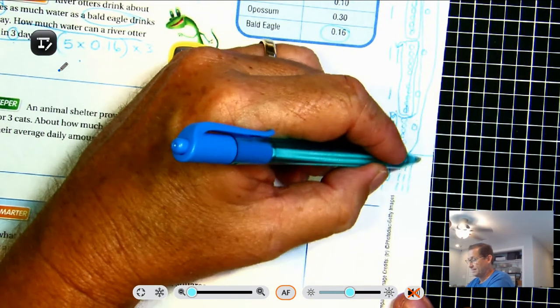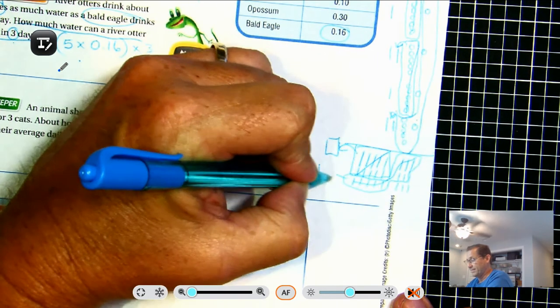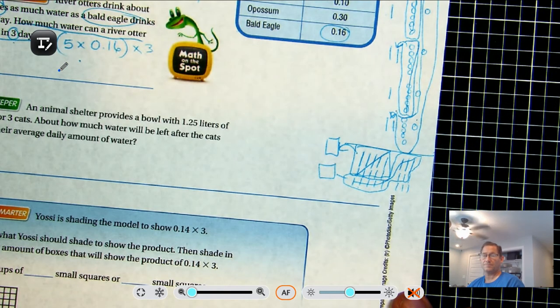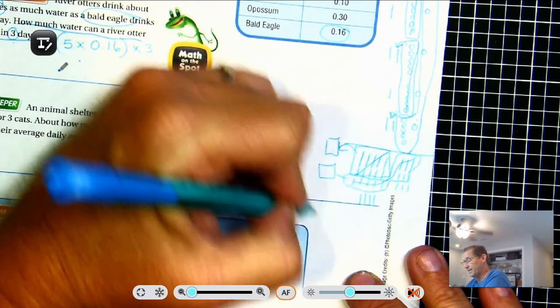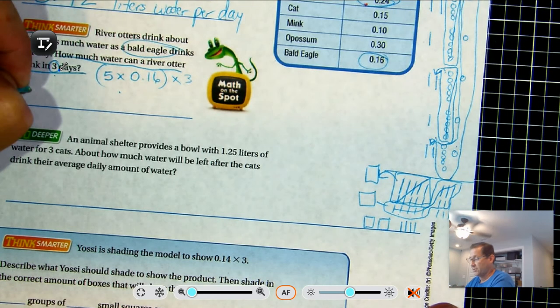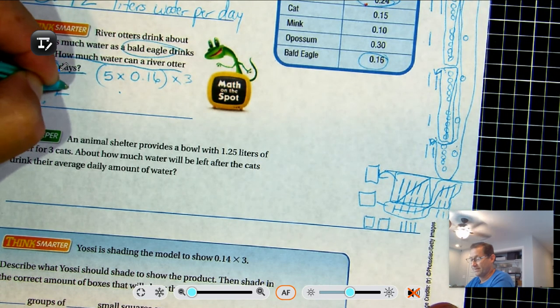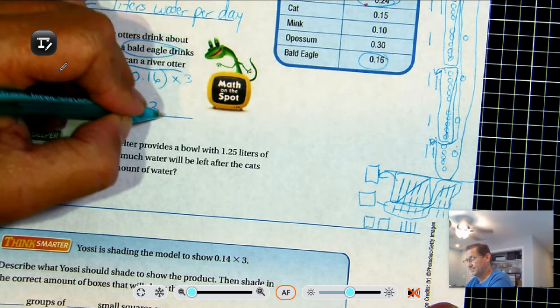There's another 10 that I'll trade for another whole. So we have 4 tenths left over and 2 wholes. So the otter can drink 2.4 liters in 3 days.